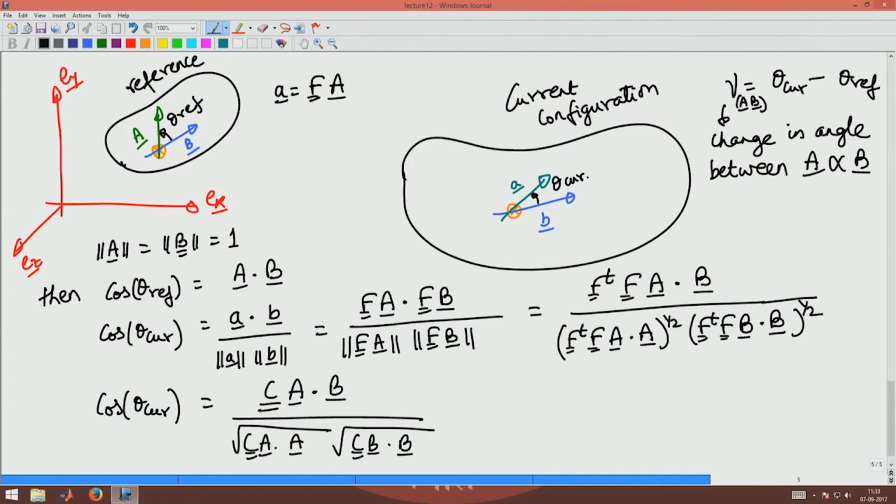So, that is the current angle between A and B.